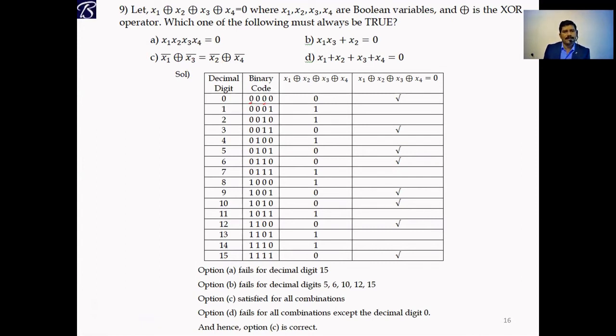Both 1, 1, so the output is 0. Here also 0, 0. So x2, x4, the bars mean 1, 1. So for the 1, 1 XOR operation, both inputs are the same, that's why it is 0. So 0, 0. Finally, it is 0.